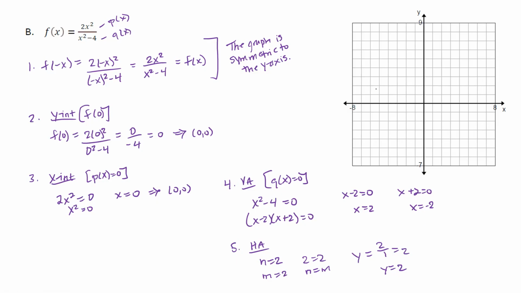Okay, so let's plot our asymptotes. So we have y equals 2. And we have x equals 2. And x equals negative 2. We have (0, 0), and no other points. So we would definitely have to use our calculator to get some other points. So I'll plot some here for us. So we have this one and this one.